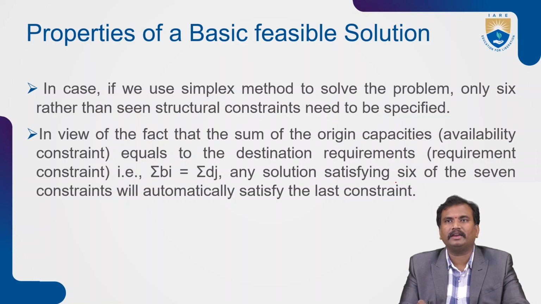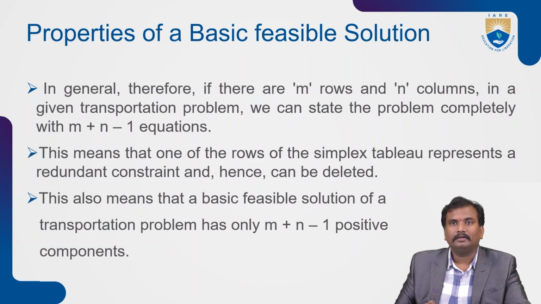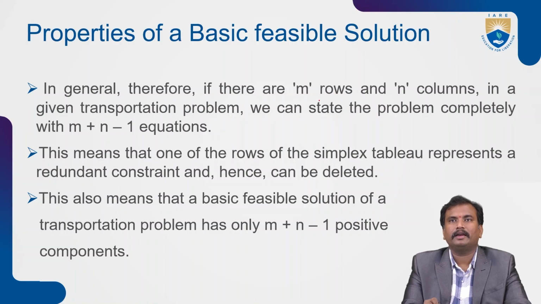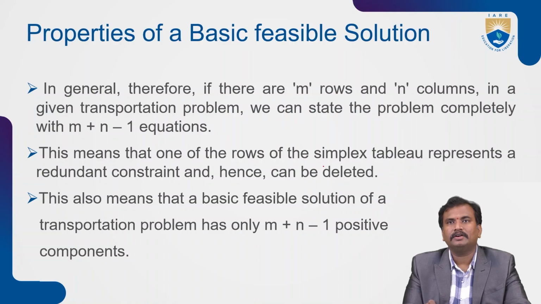Any solution satisfying 6 of the 7 constraints will automatically satisfy the last constraint. In general, if there are m rows and n columns in a given transportation problem, we can state the problem completely with m plus n minus 1 equations. This means that one of the rows of the simplex table represents a redundant constraint and hence can be deleted.